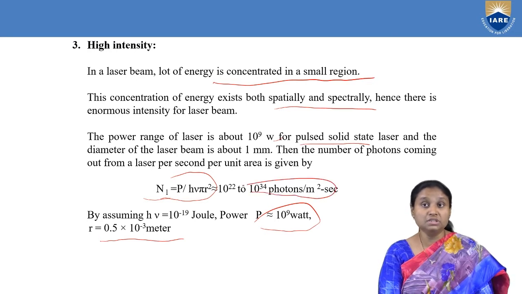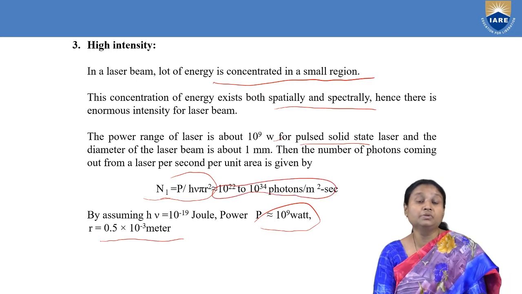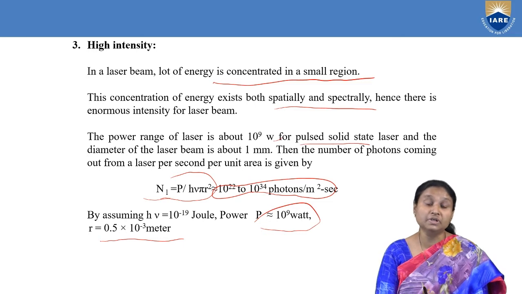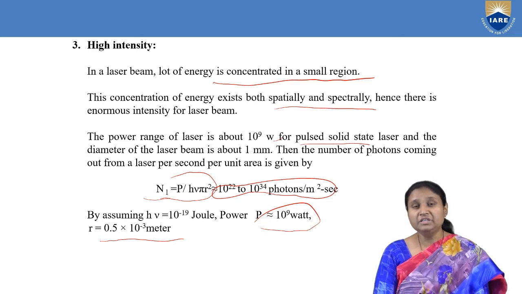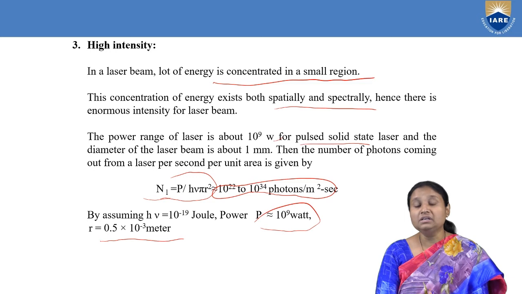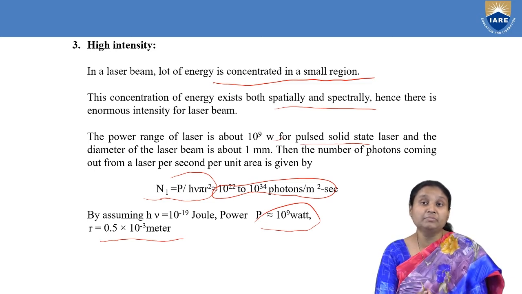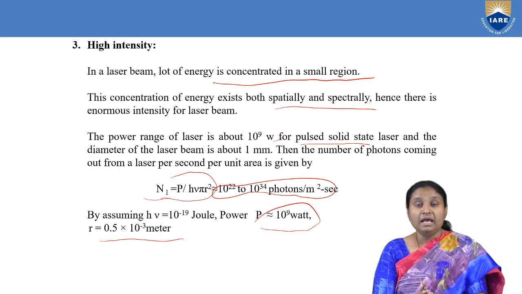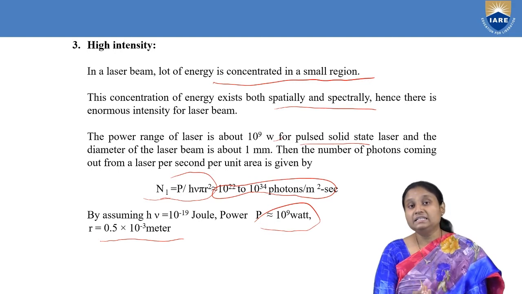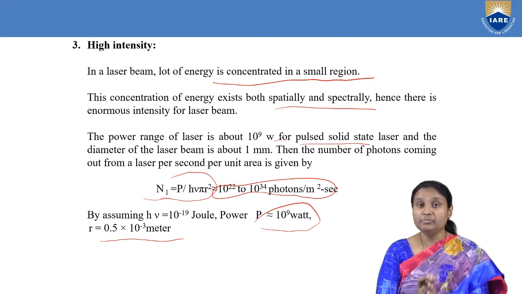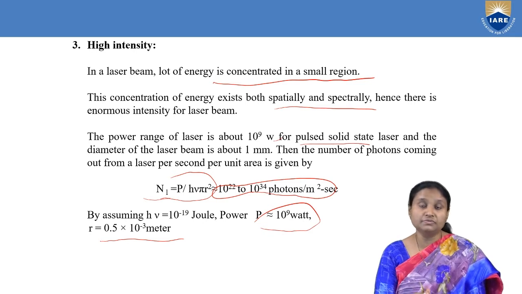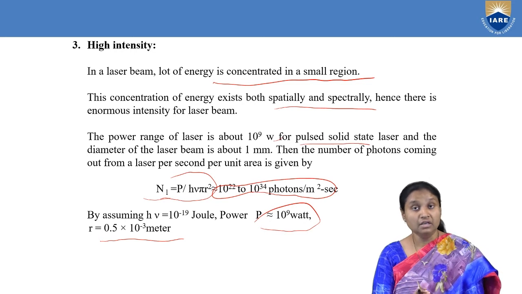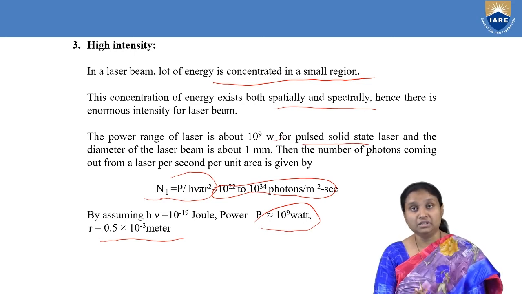It is around 10 to the power of 22 to 10 to the power of 34 photons per meter square second. So it means that a large number of photons are being emitted compared to a normal light source, and that makes our laser beam highly intense. Because of its high intensity and very high power, as I told you, it is used for applications of welding, soldering, cutting, drilling, and even we can drill very hard materials.